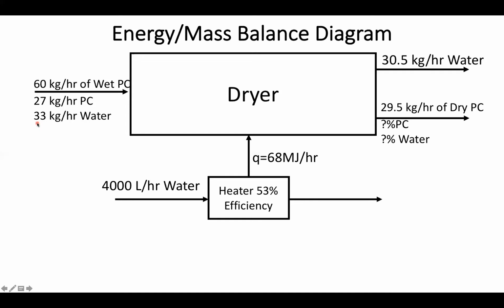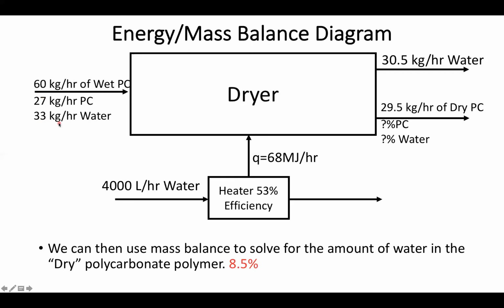I evaporated 30.5 of 33 kilograms of water, which means I've got about 2.5 kilograms of water left, and my original 27 kilograms of polycarbonate. So if we turn this into a weight percent, it turns out that I've got about 8.5 weight percent of water left in my quote unquote dry polymer.